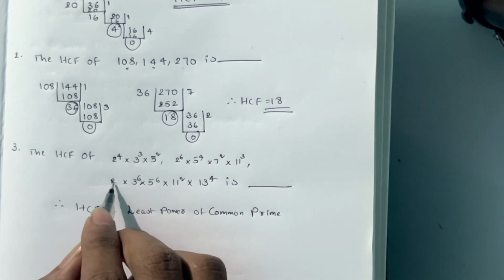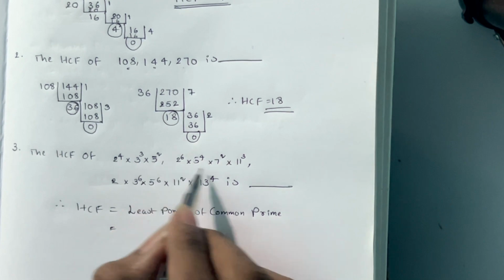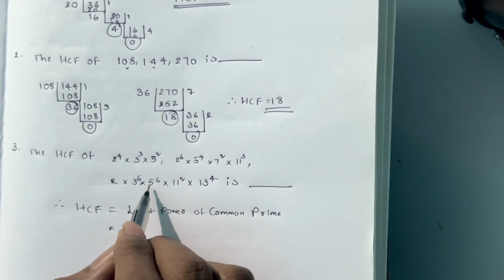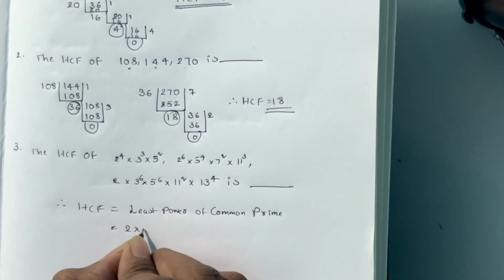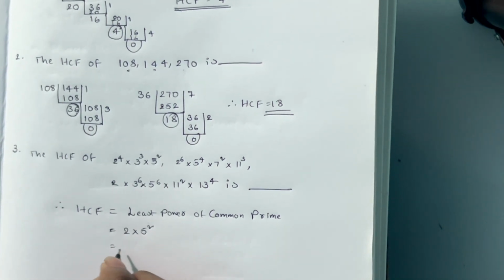So the least power of 2 is over here, and the least power of 5 is over here. After that, 11 is not repeating and 13 is not repeating, so we are not considering these values, and 3 is not repeating either. So 2 into 5 square is the HCF.